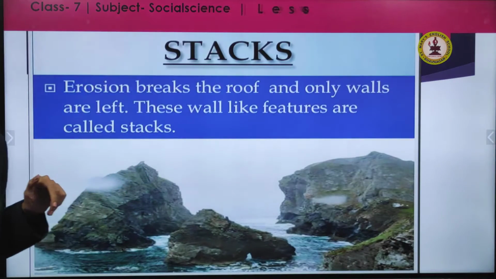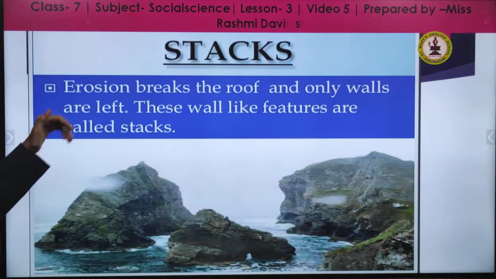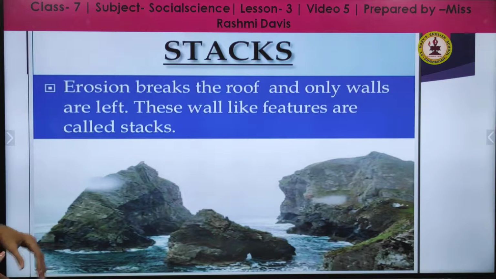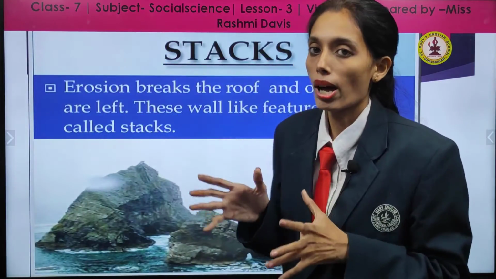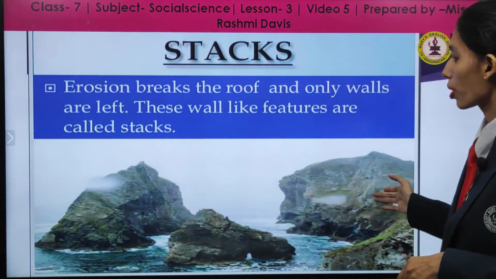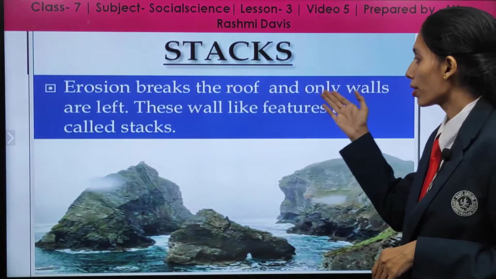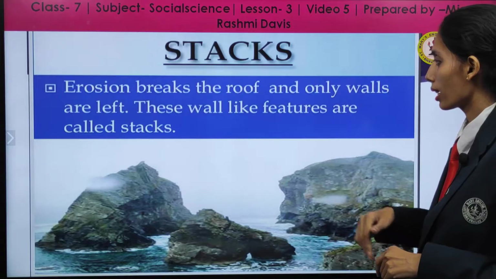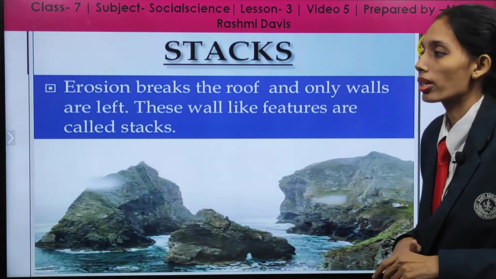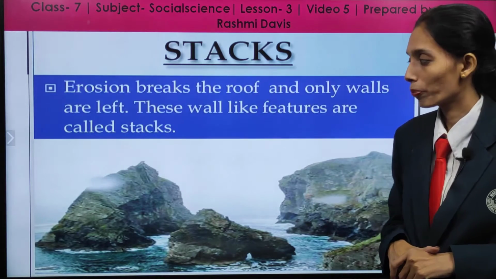The third feature is stacks. What erosion tries to do is break the roof, and it falls apart. Erosion breaks the roof and only the walls are left, which you can see. These wall-like features are called stacks.